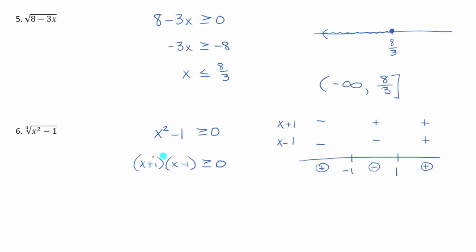Alright, we wanted something that was greater than or equal to 0, so that means we're going to pick our intervals that tested positive, and I'm going to include the endpoints. So my domain is negative infinity to -1, union +1 to positive infinity.